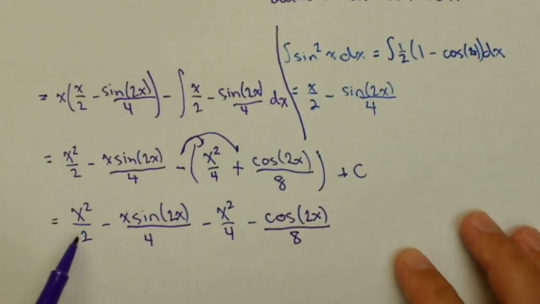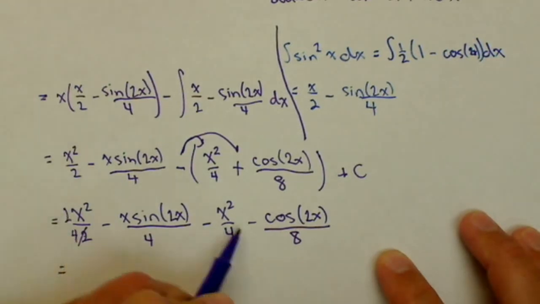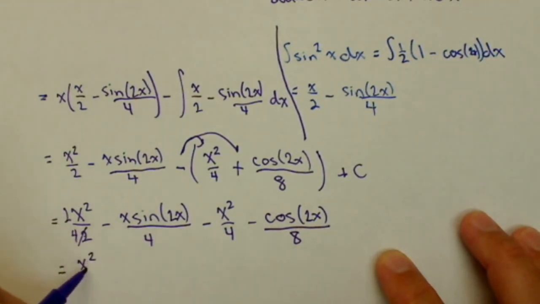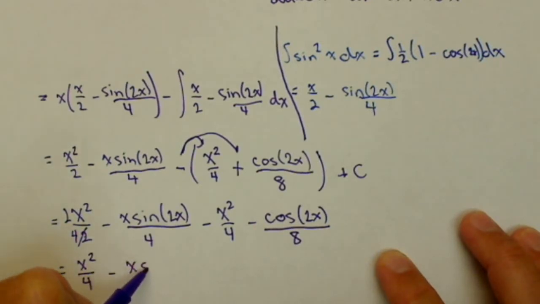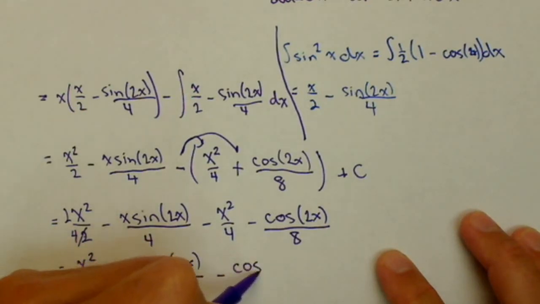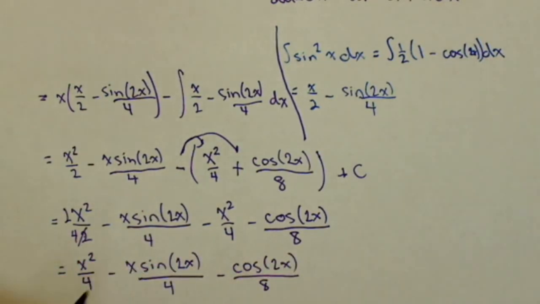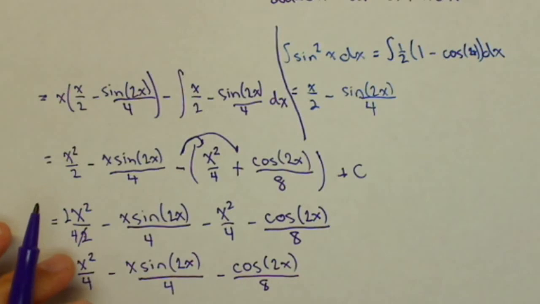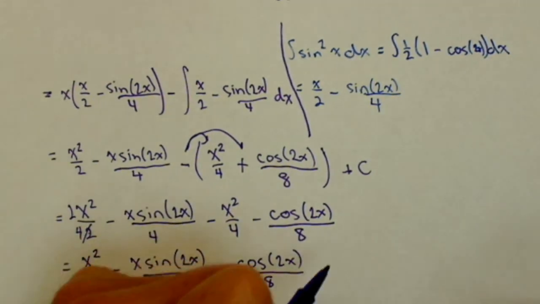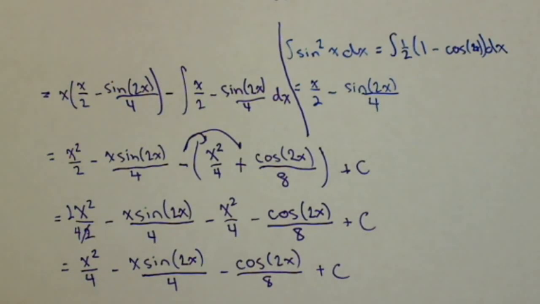These are like terms and can be combined because I could rewrite this as 2x squared over 4 minus x squared over 4. So I'll have 1 x squared over 4 minus x sine of 2x over 4 minus cosine of 2x over 8 plus c. Can't forget those plus c's.